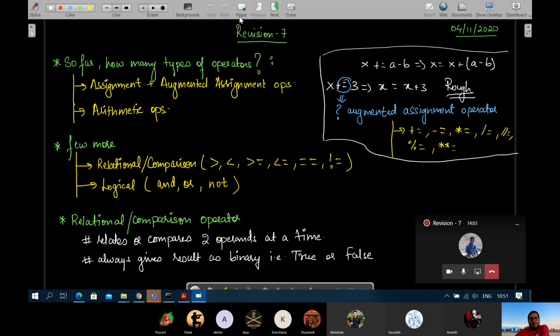Example. Like I said, it works on two operands at the same time, compared using the relational operator. For example, x is equals to 2 greater than 3. Print x.